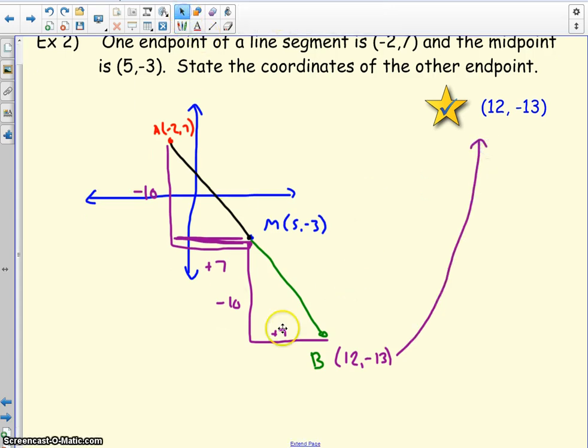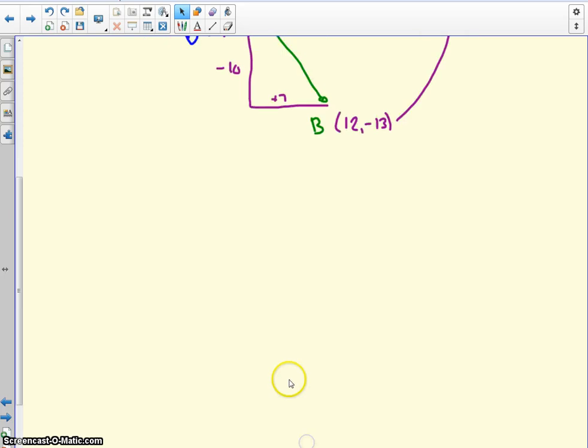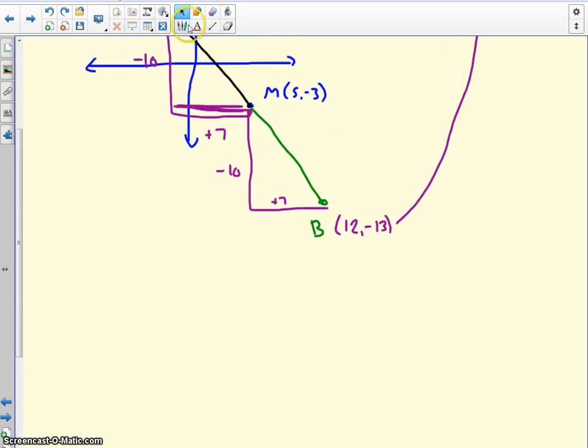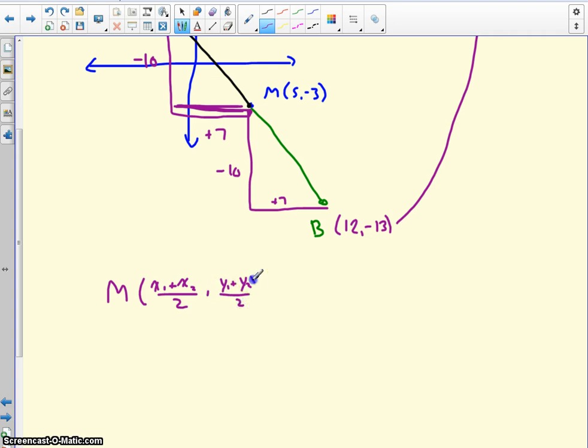Okay, the other thing you can do, if you don't like doing it this way, and if you're the kind of person who likes doing algebra, we can actually do this with the midpoint formula. Knowing that my midpoint formula is (x1 plus x2) over 2, and (y1 plus y2) over 2, I can set up a separate equation for both my x and y values.